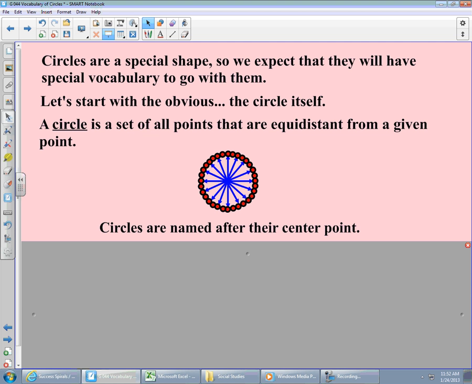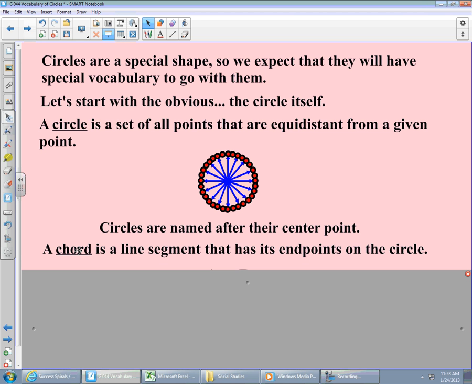And as we've said a few times already this year, circles are named after their center points. All right, the first type of structure that we're going to get to is what we call a chord. Chord, C-H-O-R-D.